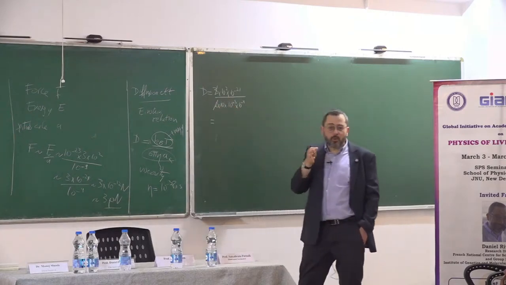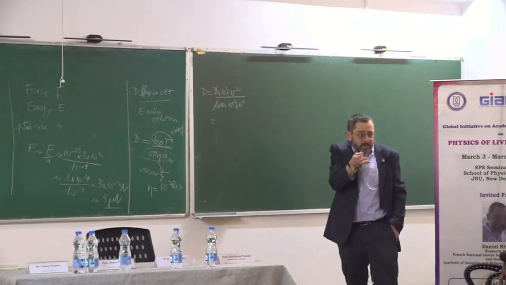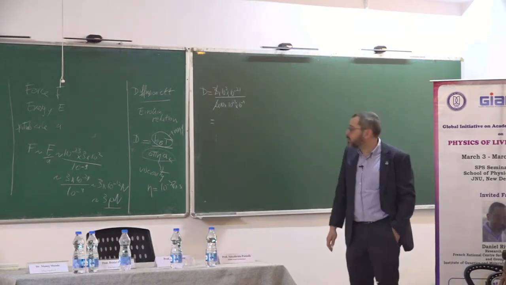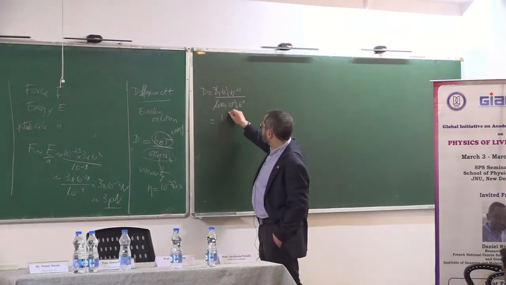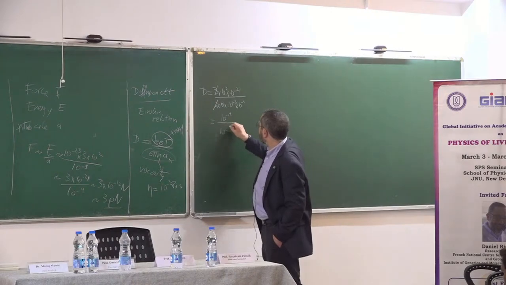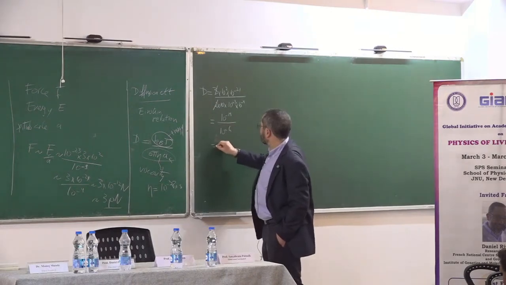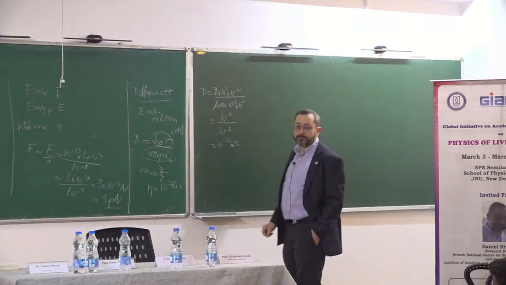In scaling arguments, we are not super nervous about a factor of 2 or a factor of 5. A scaling argument is really a back of the envelope evaluation of what's going on here. So here I have 10 to the minus 19. And here I have 10 to the minus 6. I end up with 10 to the minus 13 meters squared per second.